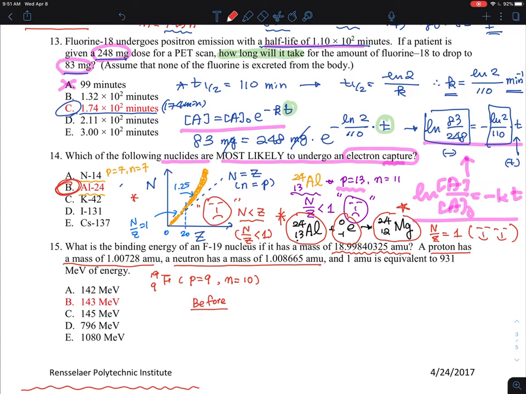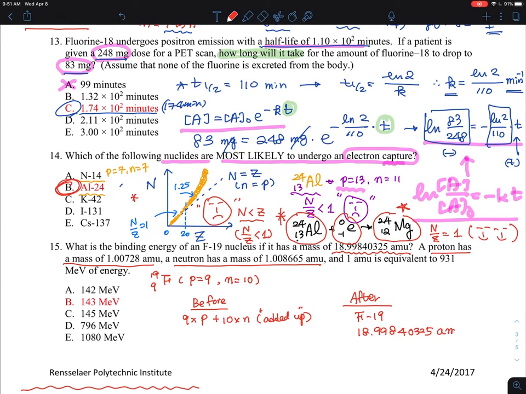You just have a collection of protons, so 9 protons and 10 neutrons. Just add it up. What is the after is essentially F-19, which is this value itself, 18.99840325.